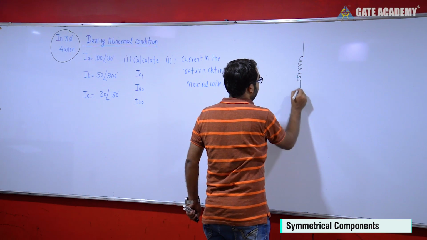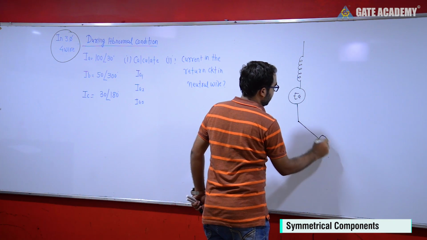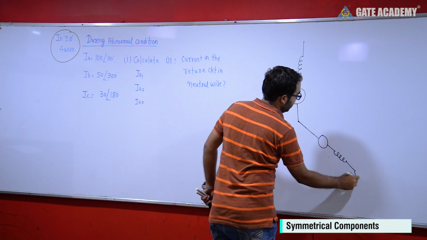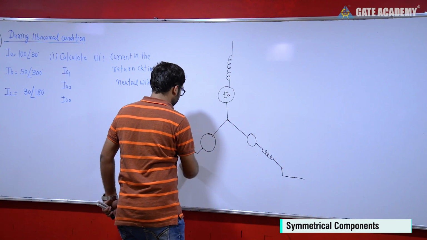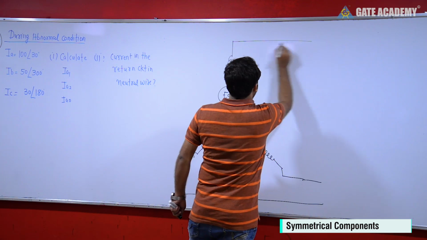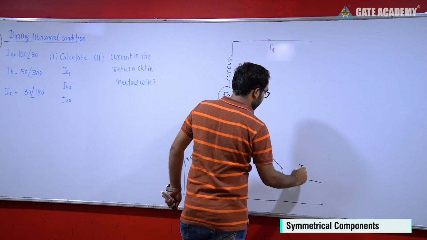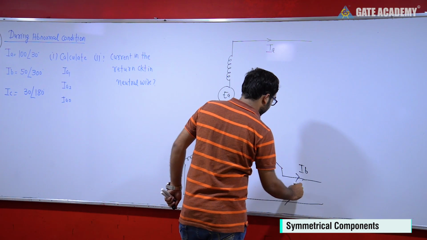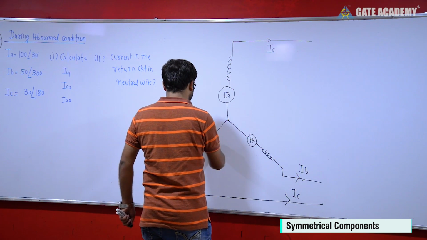Suppose this is your star configuration. This is your phase or line current, both are the same. So this is your IA, this is your IB and this is your IC. The phase sequence is ABC.